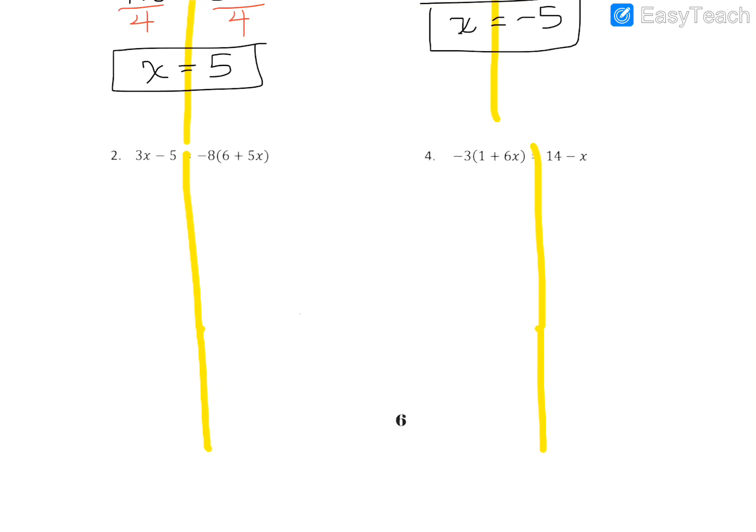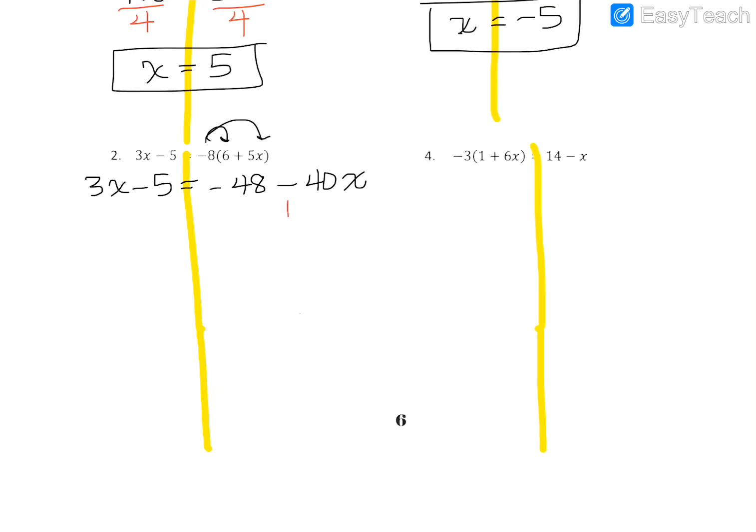All right, so let's do our parentheses first. We're going to distribute the negative 8. Keep your 3x minus 5. And on the right, we're distributing the negative 8 to get negative 48 minus 40x. Step 2 is combining like terms. We don't have any on this one that are on the same side of the equals as each other. Step number 3 is to move the smaller x.